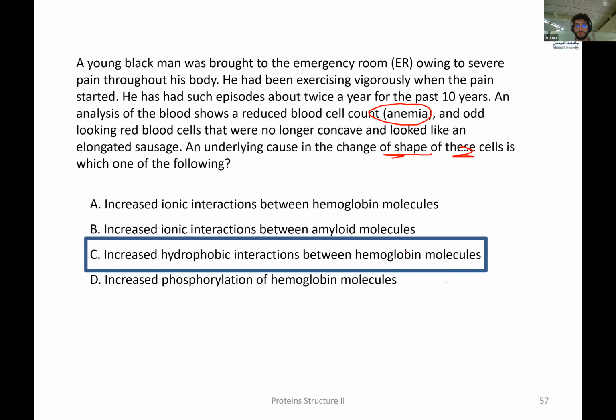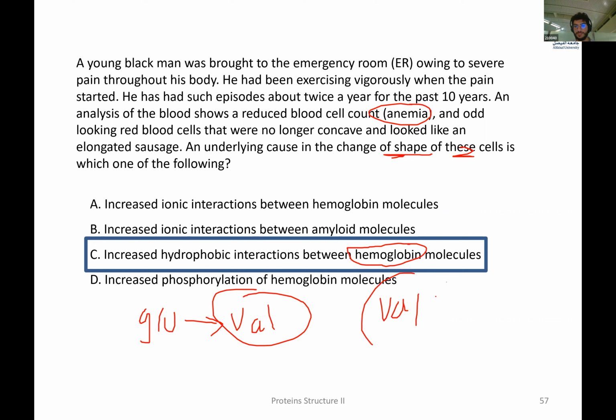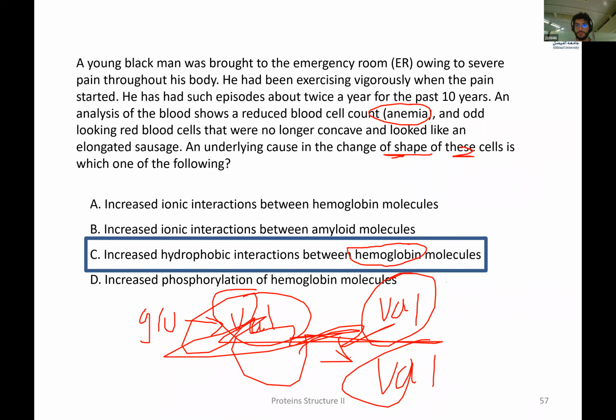In sickle cell anemia, there's a problem in hemoglobin. Glutamate is switched to valine, which is hydrophobic, and multiple different hemoglobins have multiple valines, and they all start clumping together in the middle.